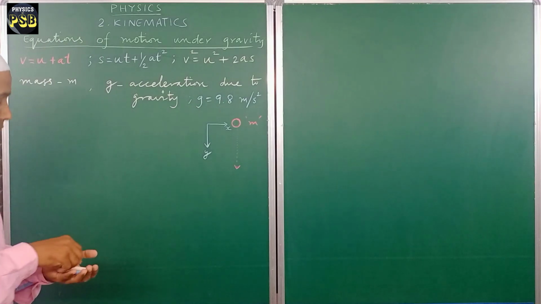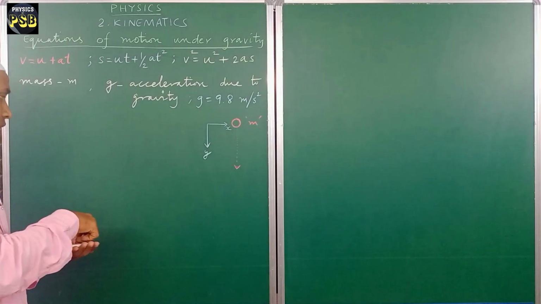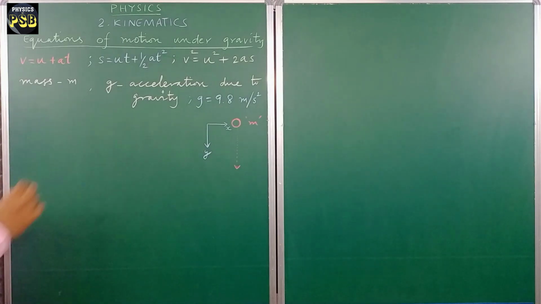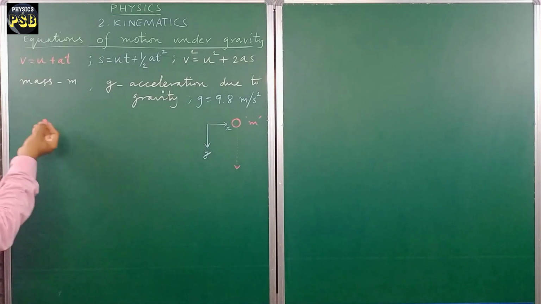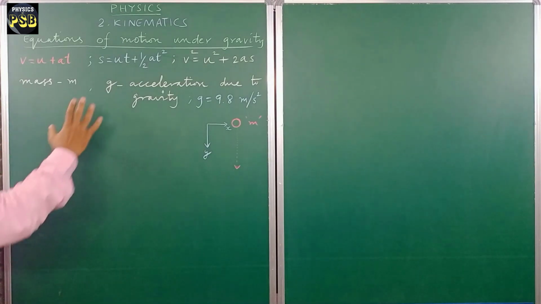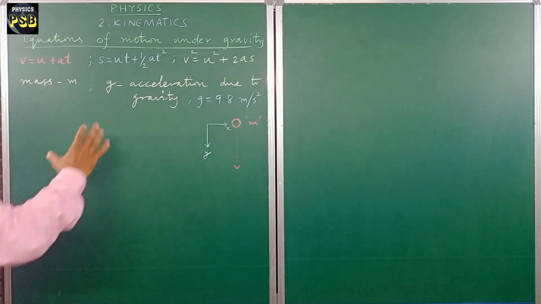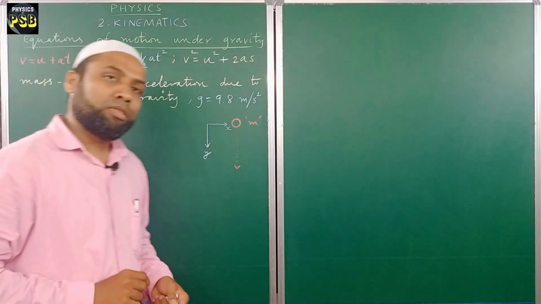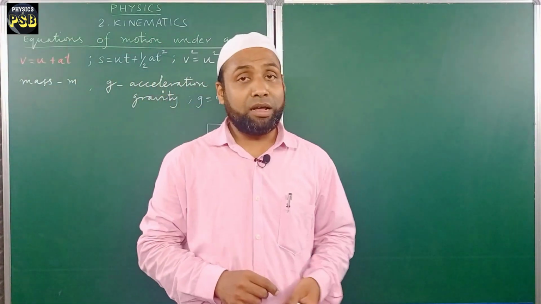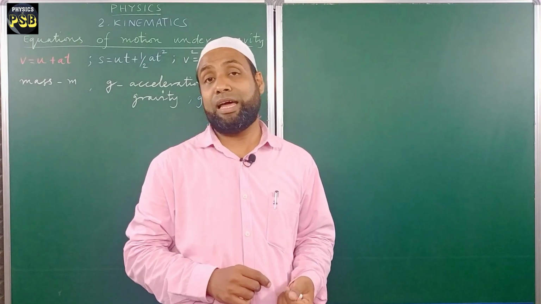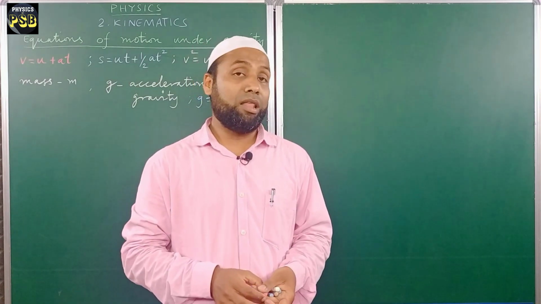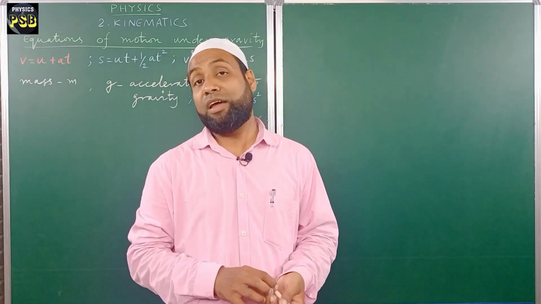Let's see. Then, a few more assumptions I make. I told you here the acceleration is only due to gravity. And here I assume that the presence of air resistance is nil. Now I neglect the presence of air resistance.